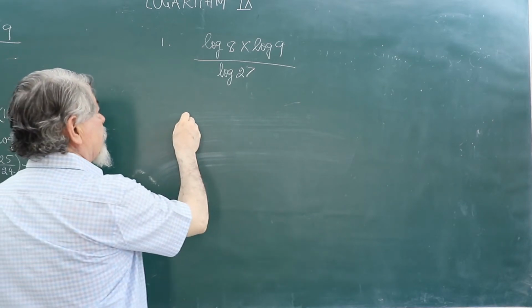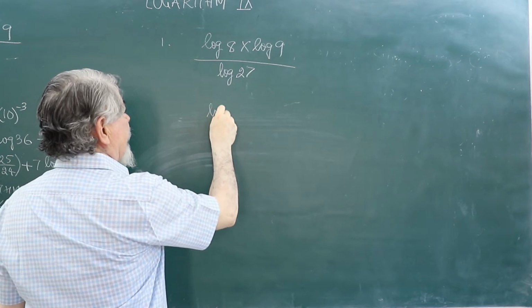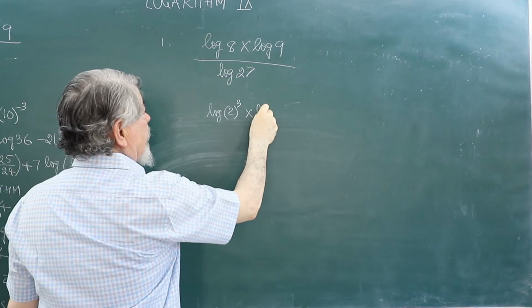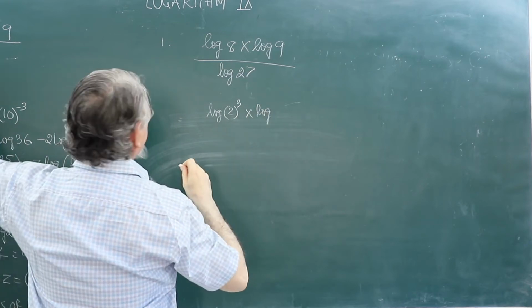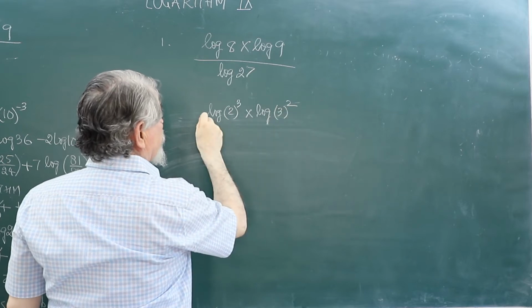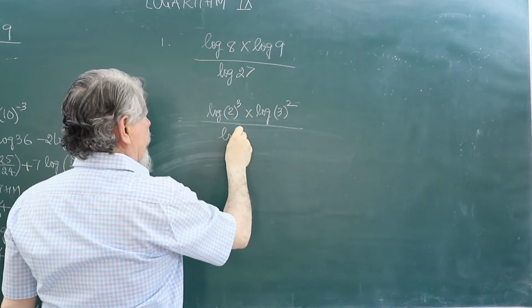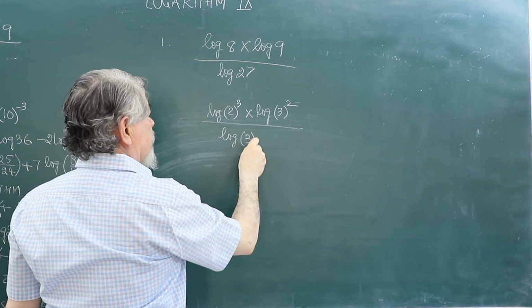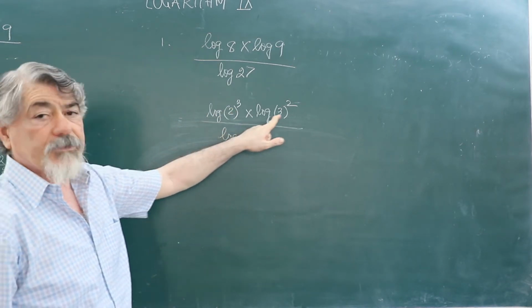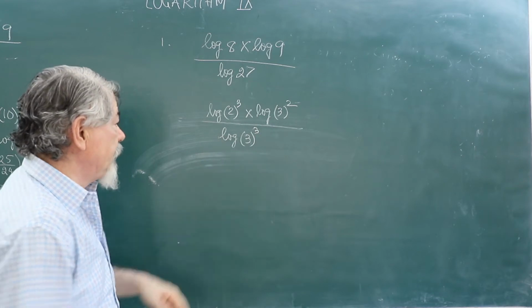Log 8, I can write 2 to the power 3. Log 9, he says simplify, I must simplify, 3 to the power 2, and log 3 to the power 3. Log 2 to the power 3, log 3 to the power 2, log 3 to the power 3.